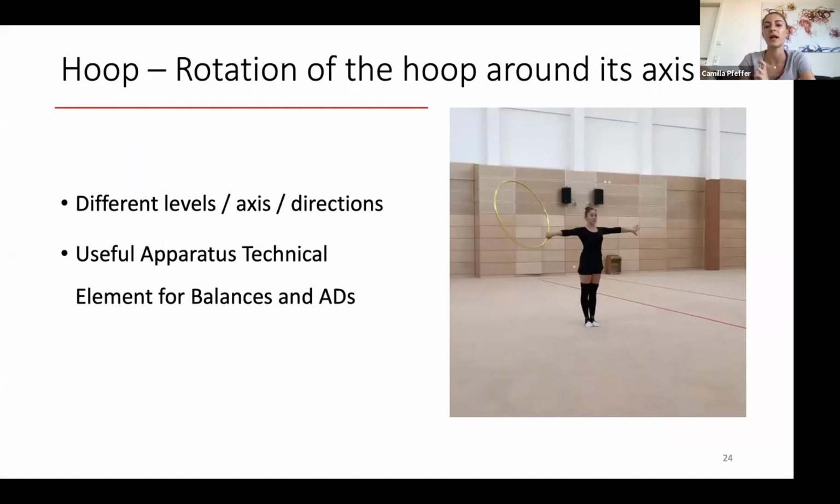You can start your balance, do the rotation and finish your balance. It's more difficult, of course, to do it in jumps or in rotation. It's very difficult, because the hoop will mostly fly from your hand. So for young gymnasts, it's very important to better do it in a position where you're standing, for example, a balance.